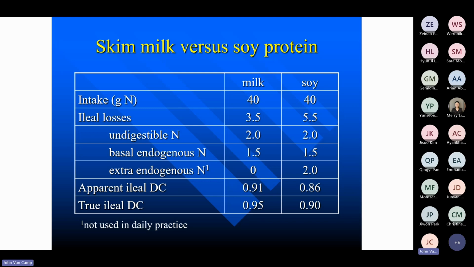So if you want to have sufficient difference, then it might be interesting to go for either an apparent or a true ileal digestibility coefficient. And you can see here the values. So clearly indicate which parameter you use in order to compare different types of proteins.